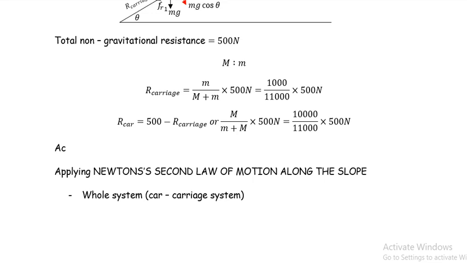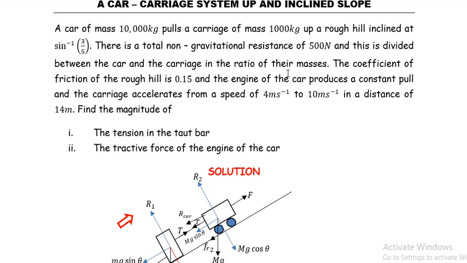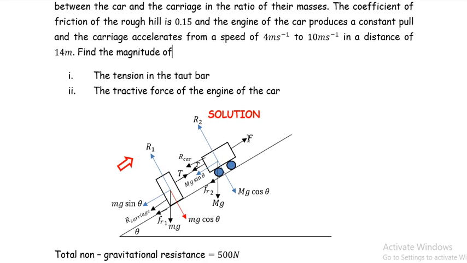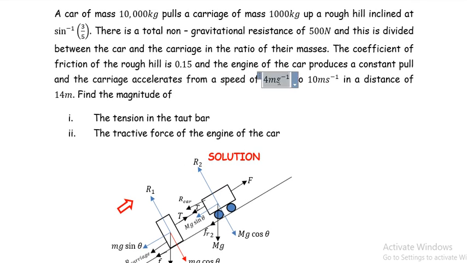You should take note that the acceleration of the system is the same as the acceleration of the carriage, and we're being told that this carriage accelerates from a speed of 4 meters per second to 10 meters per second over a distance of 14 meters. Since the inclined slope is a straight line, we can use the equations of uniformly accelerated motion, that is motion in a straight line. Now we have initial speed, final speed, and distance.